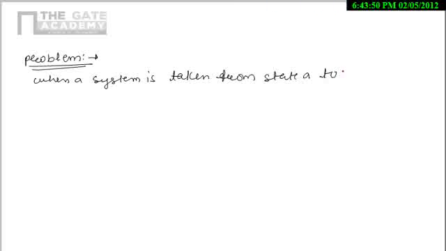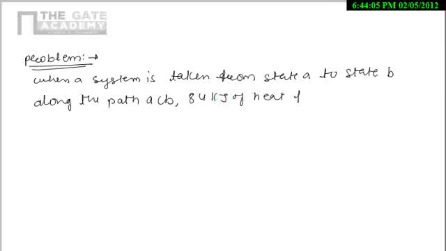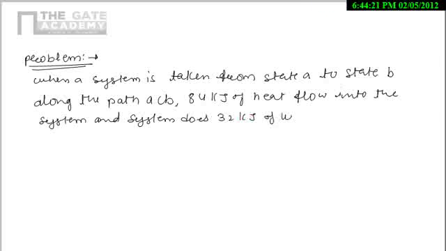When a system is taken from state A to state B along the path ACB, 84 kilojoule of heat flows into the system, and the system does 32 kilojoule of work.